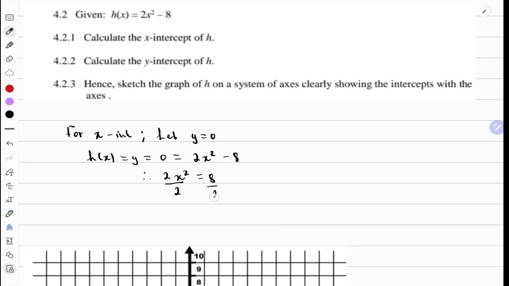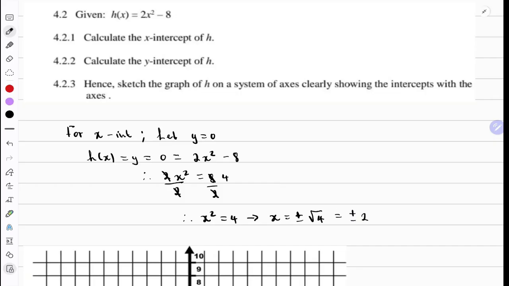You can isolate the x squared by dividing throughout with 2. We're left with 4 here. Therefore x squared should be equal to 4. This implies that x should be equal to plus minus square root of 4, which is equal to plus minus 2.